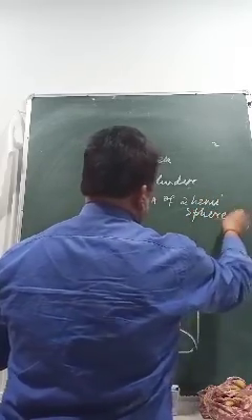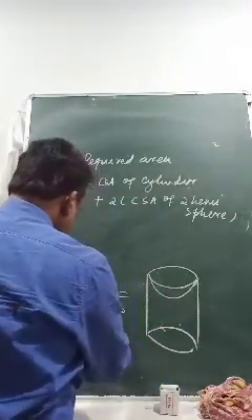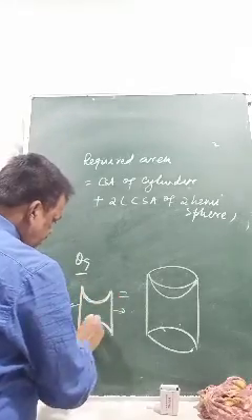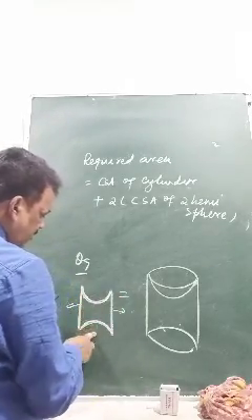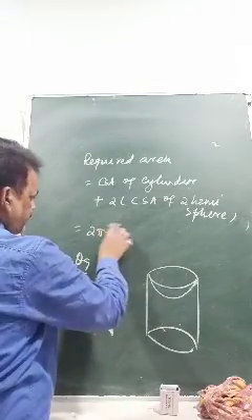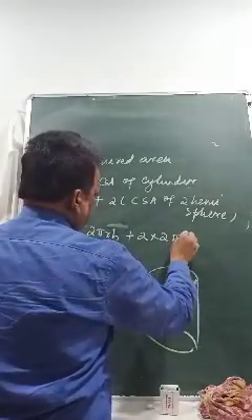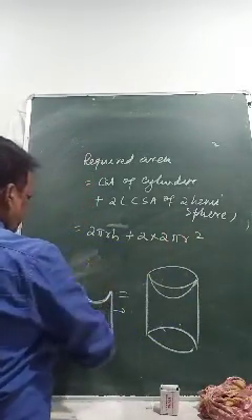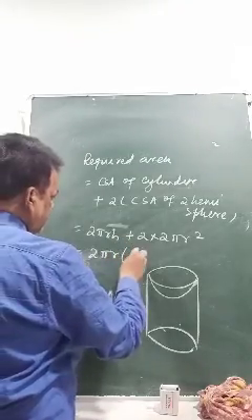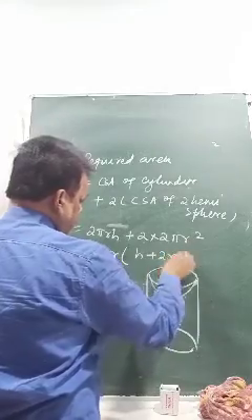This is the situation because this part is actually empty. So it is the curved surface area, then this part and this part: 2 pi r square each. So 2 pi r h plus 2 into 2 pi r square. If you take 2 pi r common, then what is left? h plus 2r.